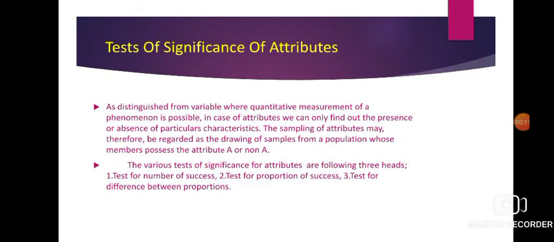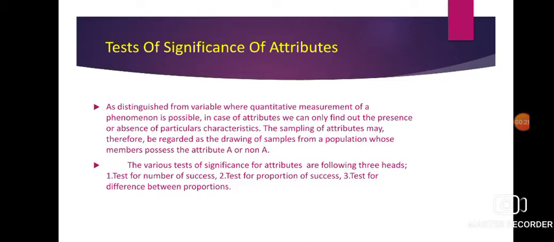First, test of significance of attributes, as distinguished from variables where quantitative measurement of a phenomenon is possible. In case of attributes, we can only find out the presence or absence of particular characteristics.